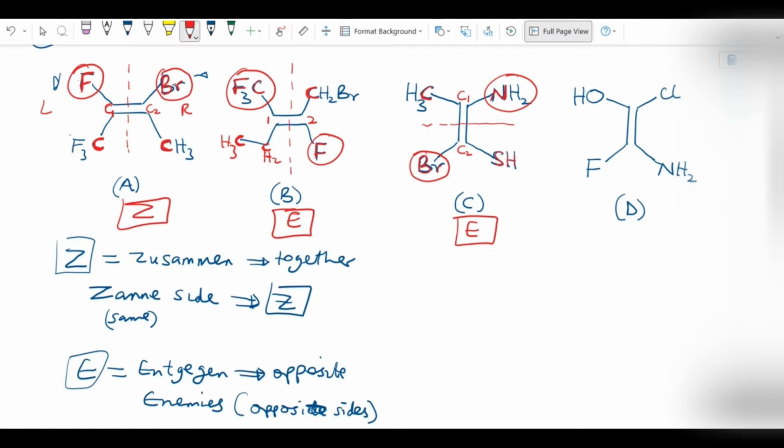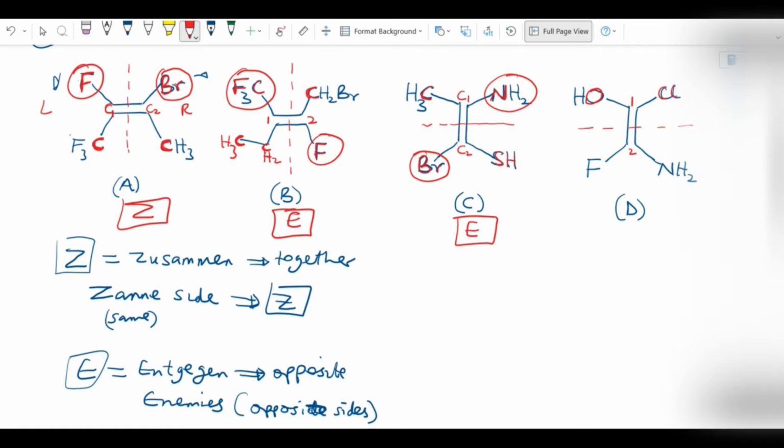For this last one, again, draw a line dividing the alkene carbons into up and down. For carbon 1, there are two groups, the OH group and the Cl group. In the OH group, the atom directly attached to carbon 1 is oxygen. And here we have only Cl.